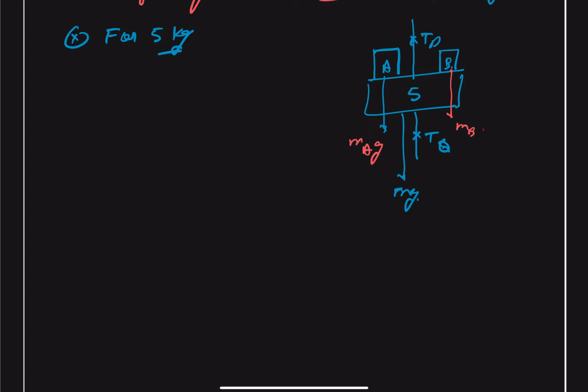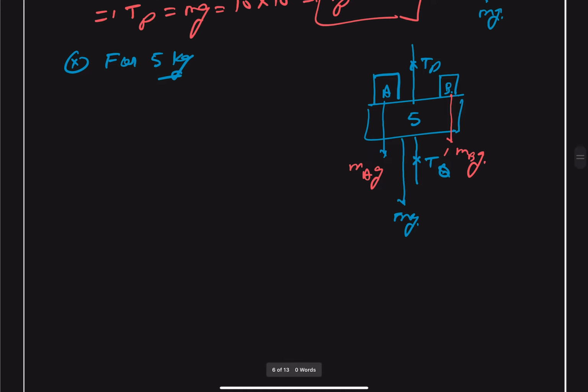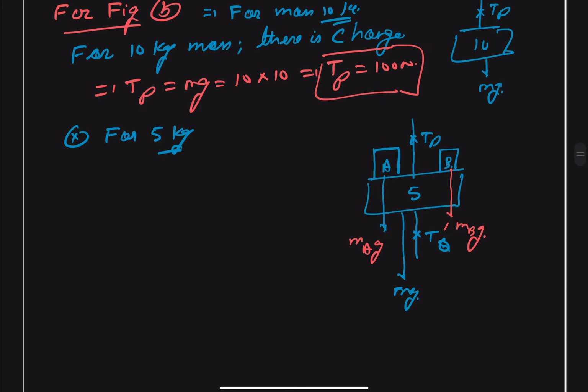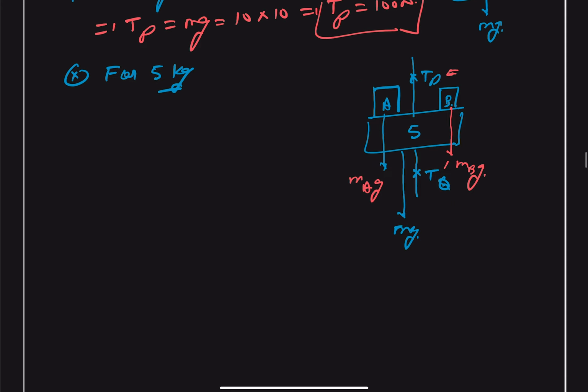So if the entire system, let us call this TQ prime. We just proved that TP is the same, so there is no need to change the variable for TP. Once again it is said that even when the weights A and B are placed, the entire system is still in equilibrium.